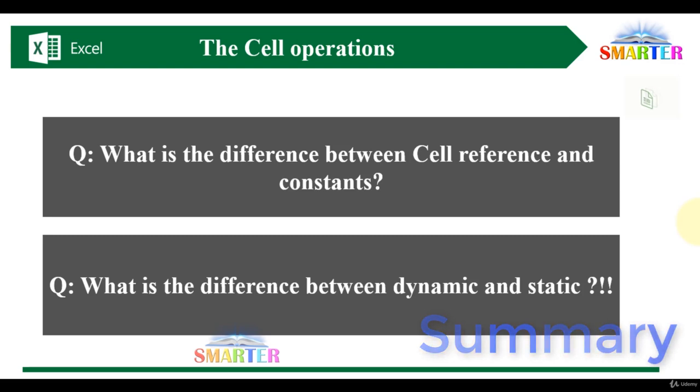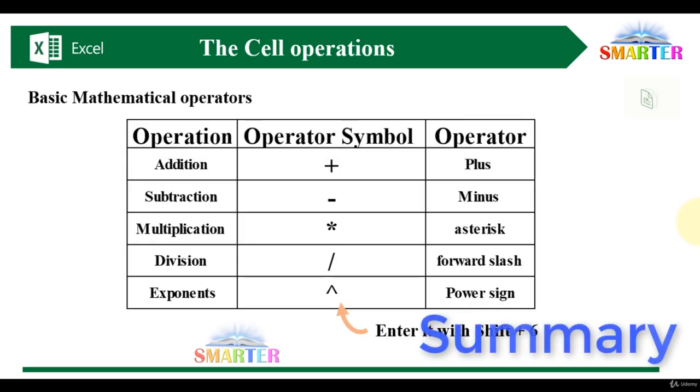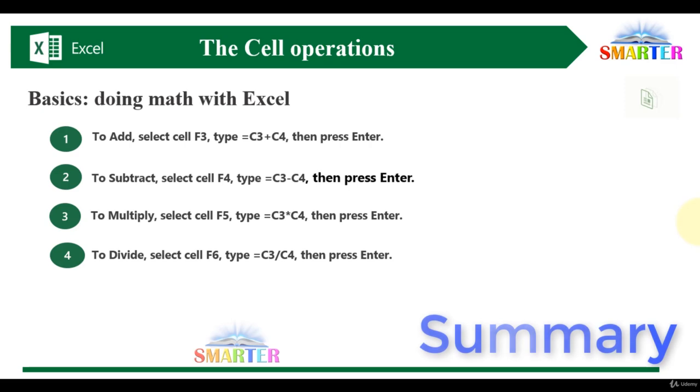And we have answered this key concept of operations in Microsoft Excel and in programming in general: what is the difference between reference and constant? And we have discussed basic mathematical operators such as addition, subtraction, multiplication, division, and exponents. Also, we have taken a simple example about these operations.